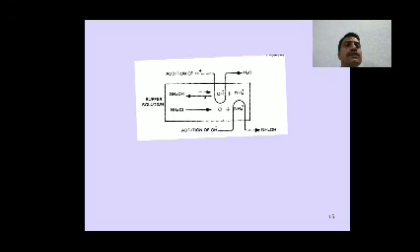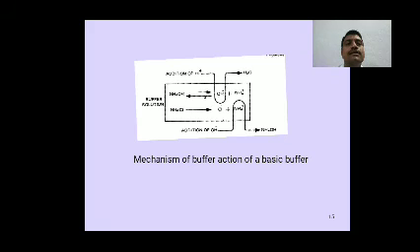On addition of strong acid, the H plus ions interact with OH minus ions to form undissociated H2O, then the pH is constant. On addition of strong base, the OH minus ions interact with ammonium ions to form NH4OH, then the pH is constant. This is the mechanism of buffer action of a base buffer.